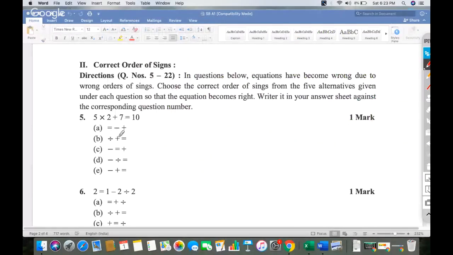I'll solve the first question for you. In the question below, equations have become wrong due to wrong ordering of signs. Choose the correct order of signs from the 5 alternatives given under each question so that the equation becomes right. Write in your answer sheet against the corresponding question number. So try to understand this kind of question. I simply prefer changing it.